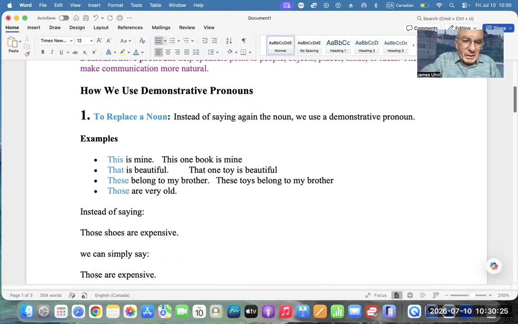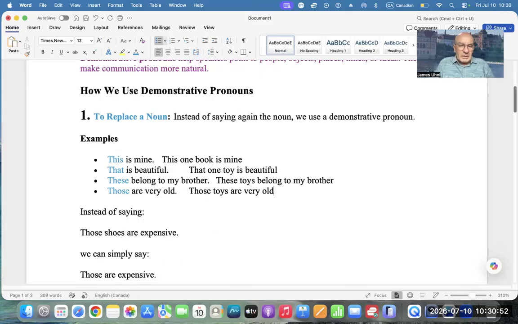Now we had one book, but over here we have that toy is beautiful. So those toys, and again we have plural, are very old.